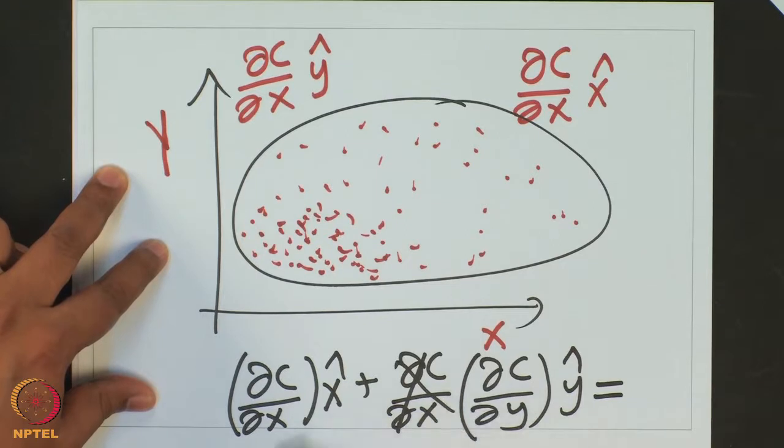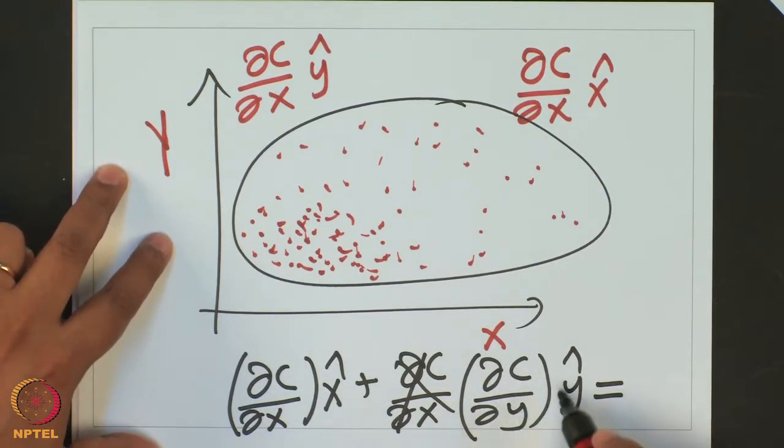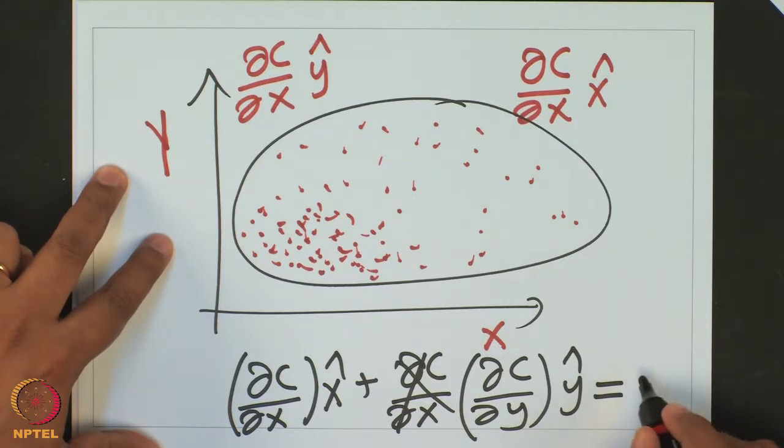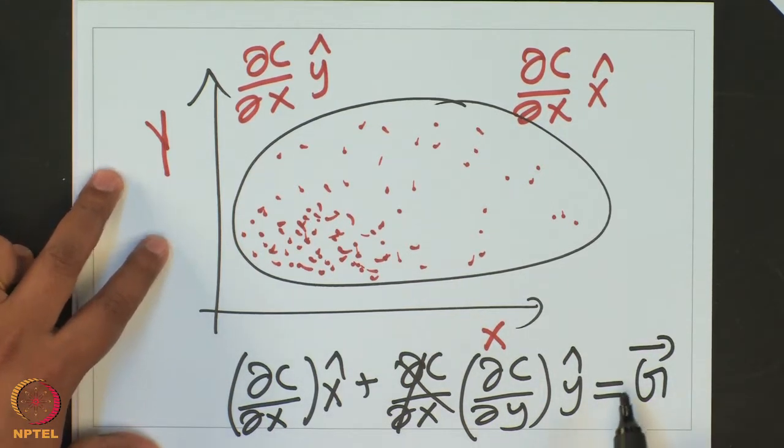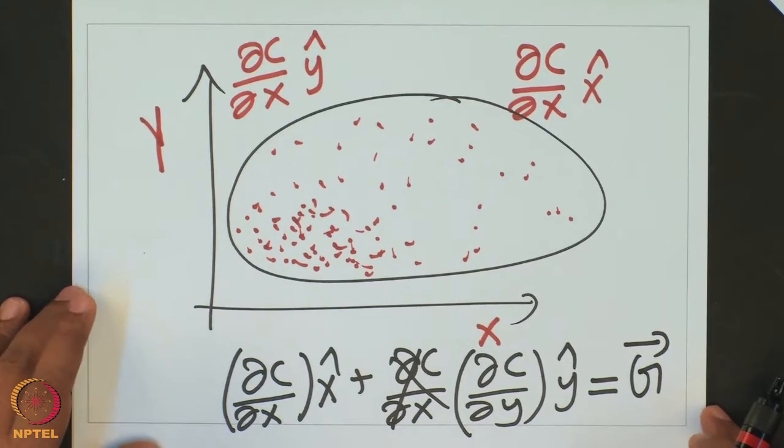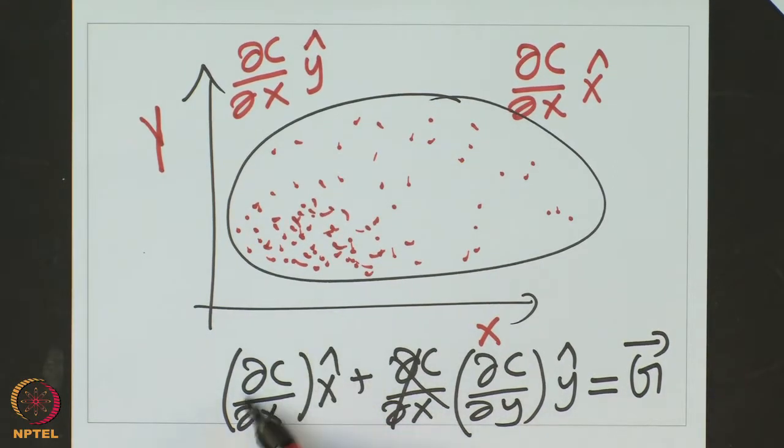If I calculate this, it will be a number, and this will be another number. Together there will be some vector, which is called the gradient vector. Let me call it G at the moment. So the gradient vector G can be written as some number times x cap plus some other number times y cap.